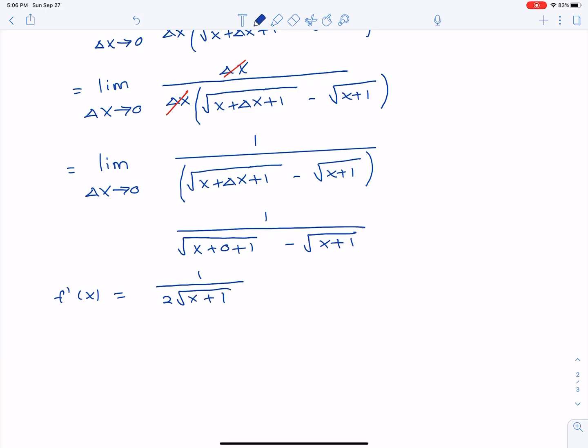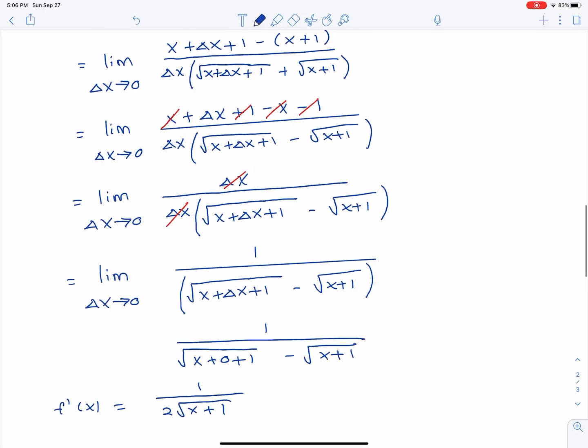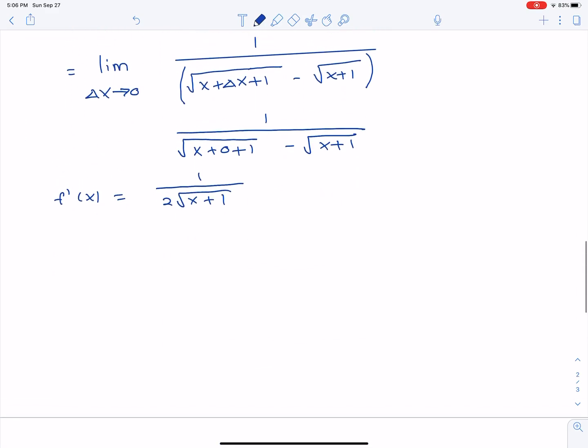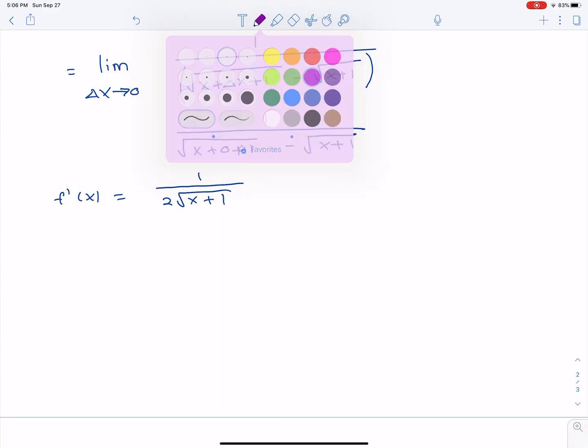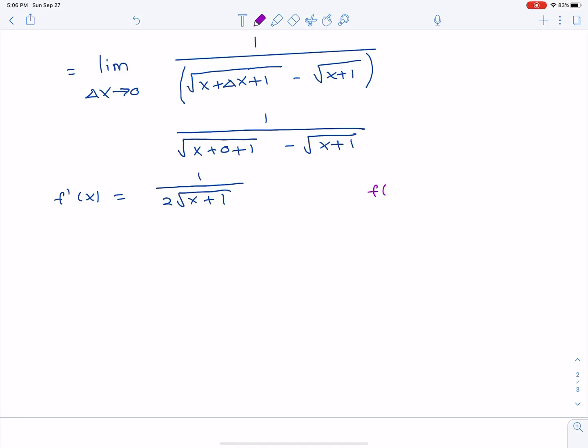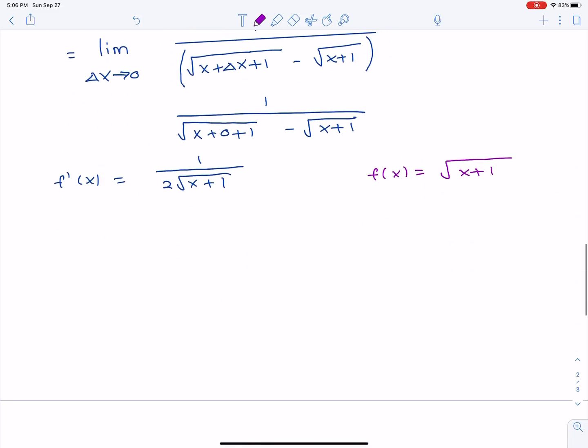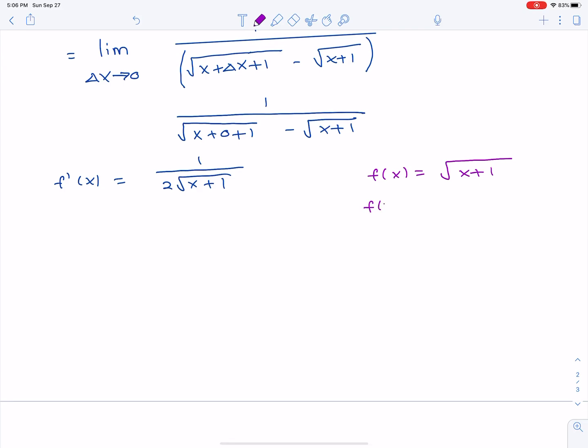And again, we might say, did we get it right? Well, we have a really easy way of checking. Our original function, and I will do this in purple, was f of x equals the square root of x plus 1. Let me just double check that. I'm pretty sure that's correct, but yep. Doing a little bit of algebra, I get this to the 1/2.